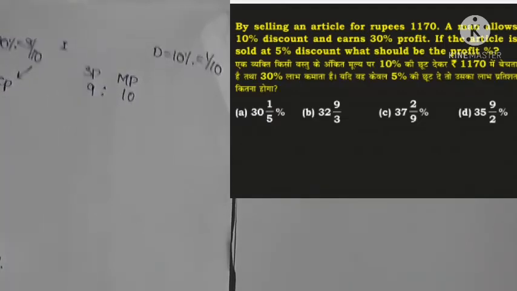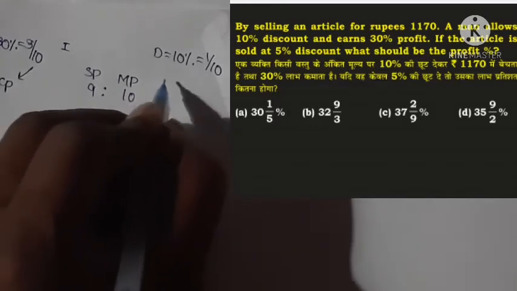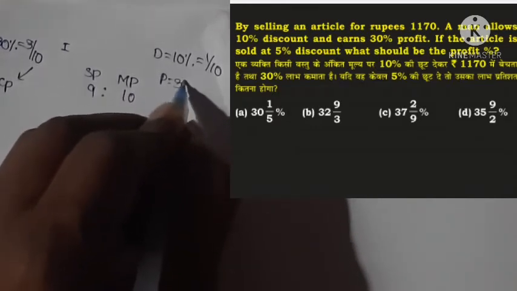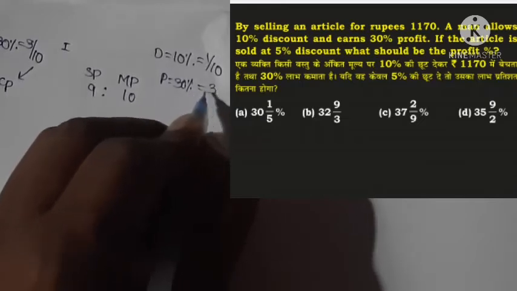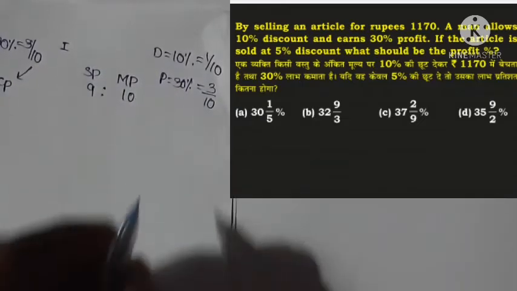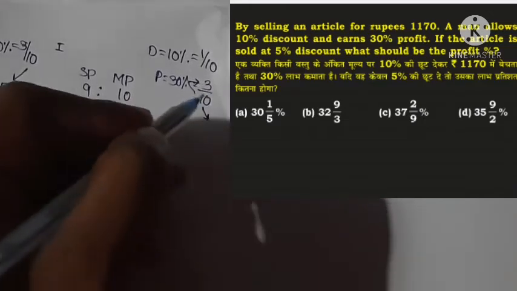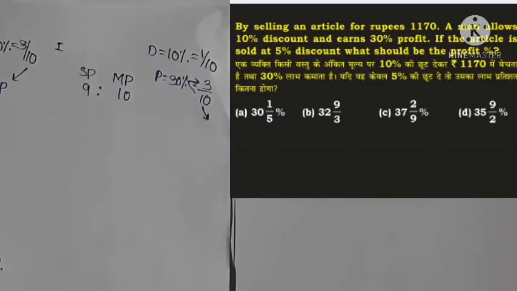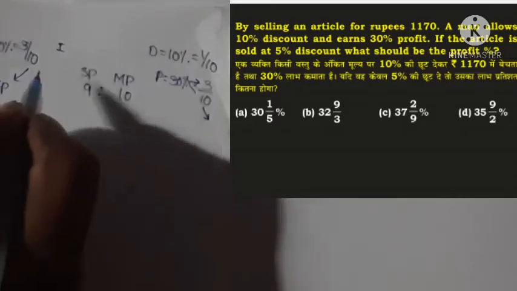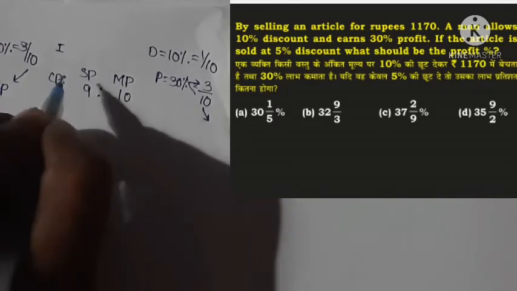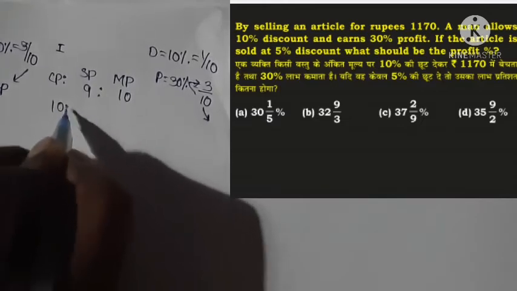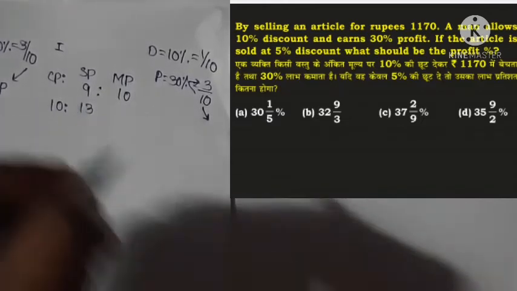So mark price and selling price are in the ratio of 9:10. Then the profit of 30% is equal to 3 by 10. So the cost price is 10 and the selling price is 10 plus 3, 13. So cost price and selling price are in the ratio of 10:13.